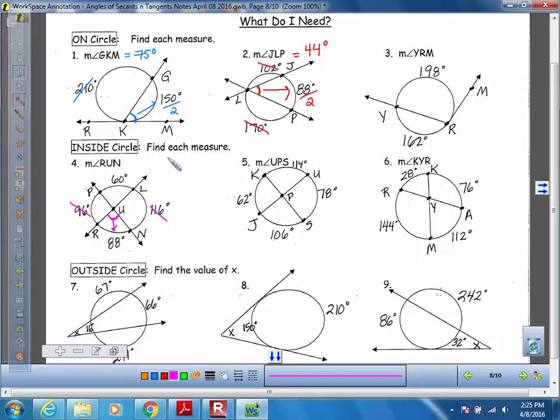Our formula for this is 1/2 times the sum. So this would be 1/2 of 60 plus 88. 60 plus 88 gives me 148, and when I half 148, I get 74.